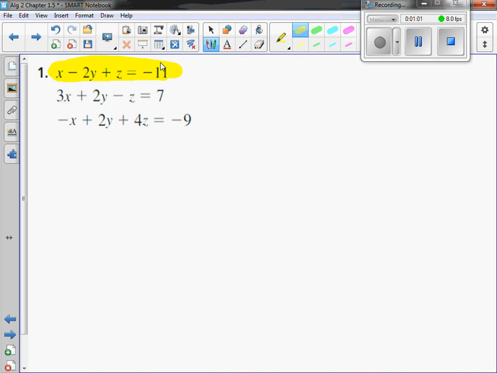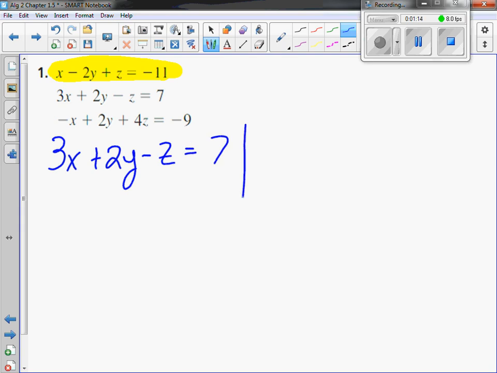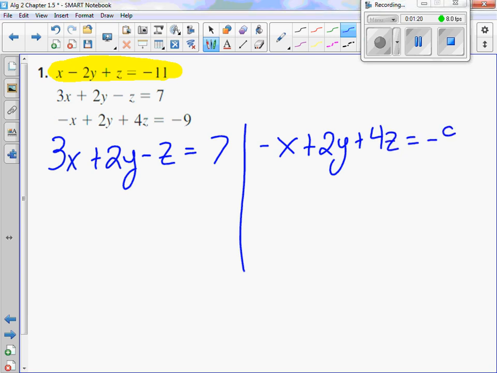Since they're all the same, we just need to pick one that we're going to use, which means our other two are the ones we're going to be using. So 3x plus 2y minus z equals 7. And then we have negative x plus 2y plus 4z equals negative 9.